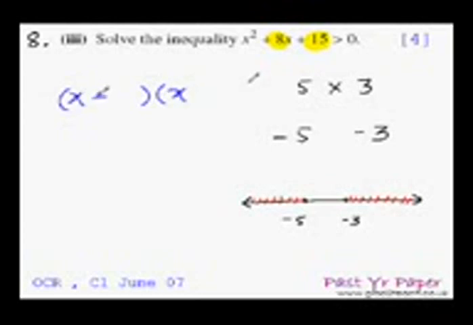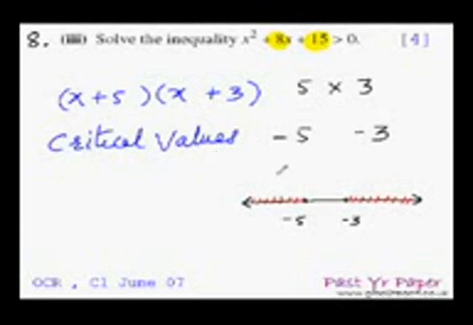This will be x plus 5 and this is plus 3, so x plus 3. And you can mark these minus 5 and minus 3, that is the roots of the quadratic equation, as critical values. These are called critical values in technical terms. You know that critical values are nothing but the points from where the moustaches are going to start growing, either outwards or inwards.